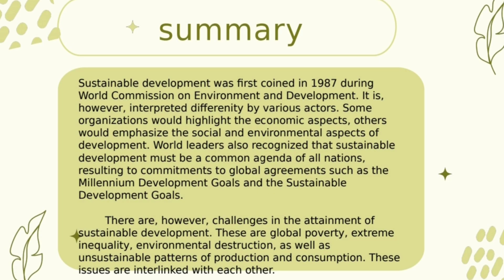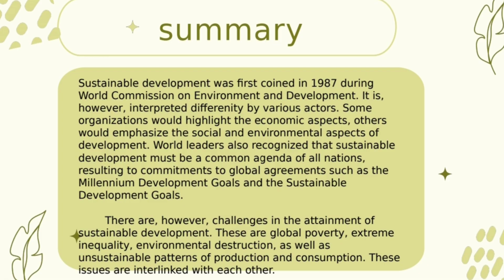So, in summary, sustainable development was first coined in 1987 during the World Commission on Environment and Development. It is, however, interpreted differently by various actors. Some organizations would highlight the economic aspect, others would emphasize the social and environmental aspects of development.